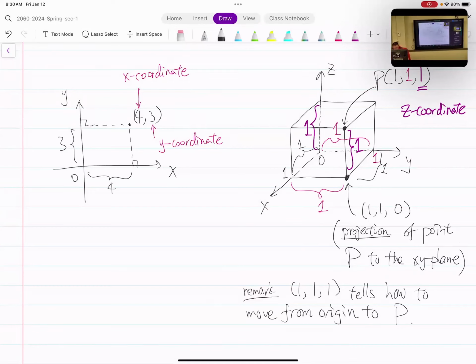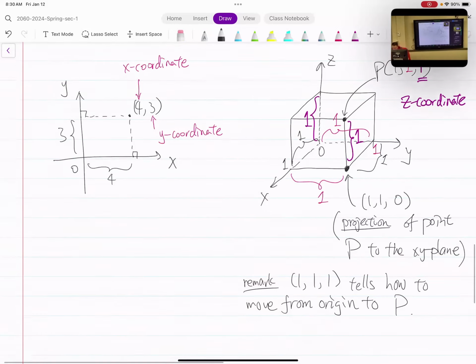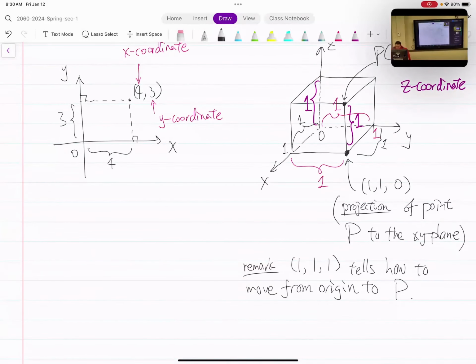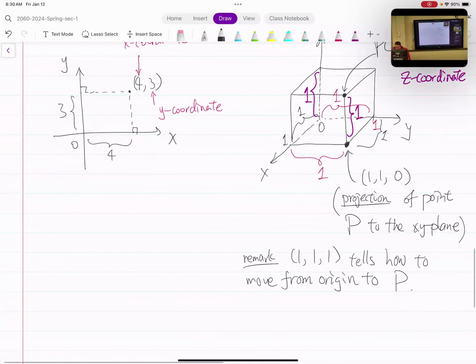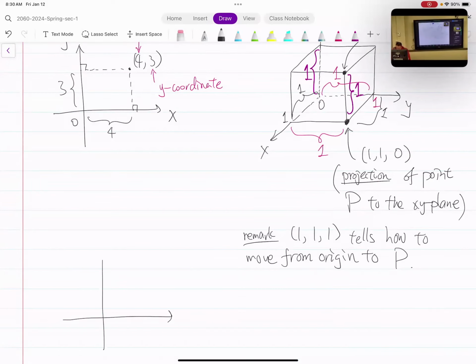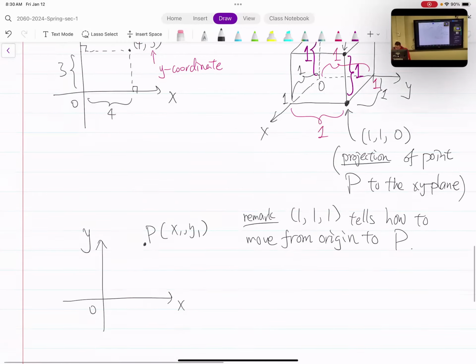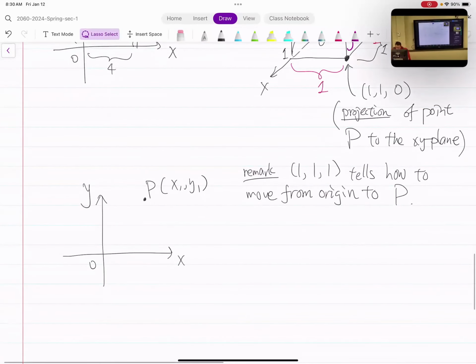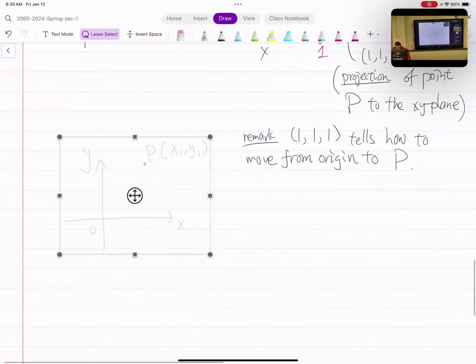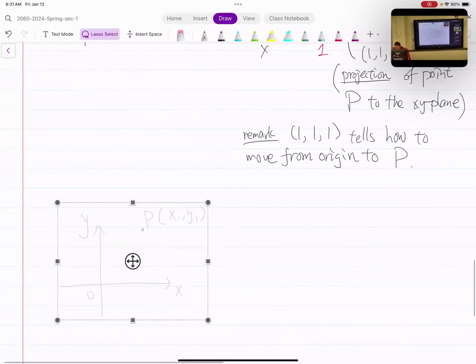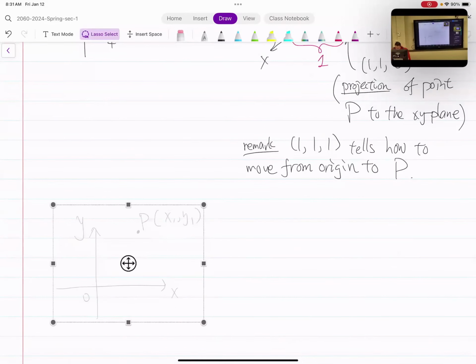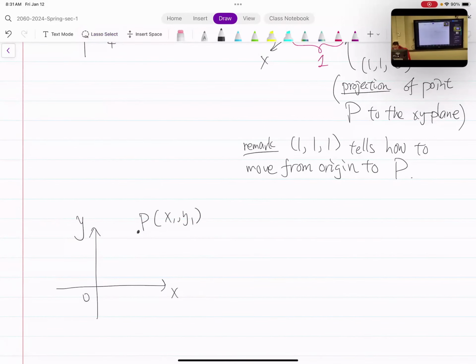Now let's look at another concept, that's the distance. Okay. So in 2D, if you have a point, let's say P right here, and it has 2 coordinates, x1 and y1. So let me just move it a little bit lower, because I still want it to be parallel, just in case you need to copy the notes on the upper right corner.